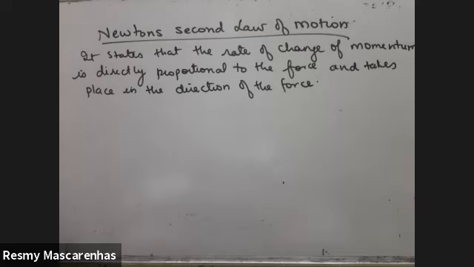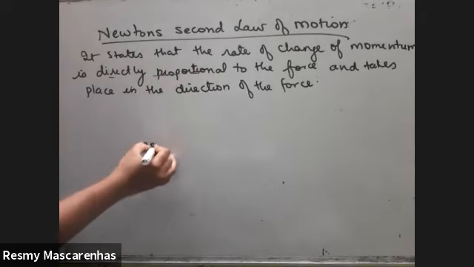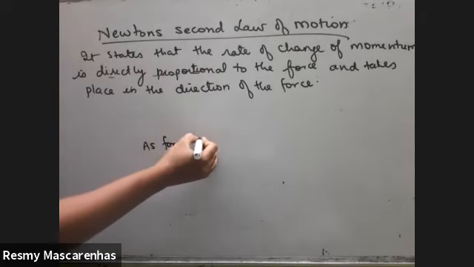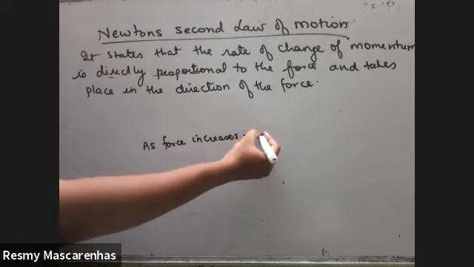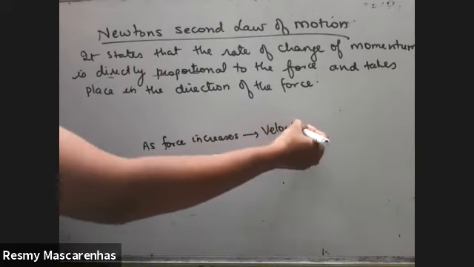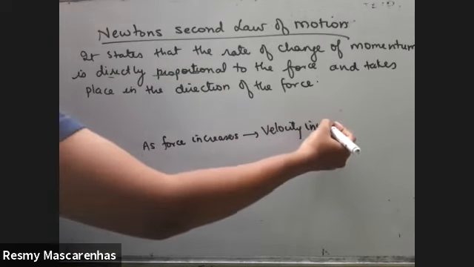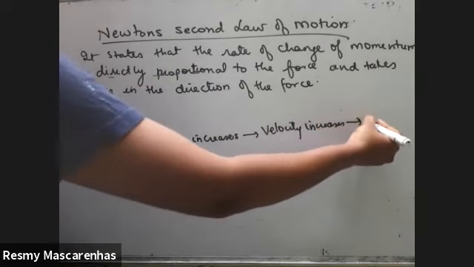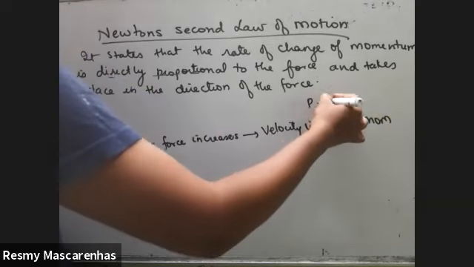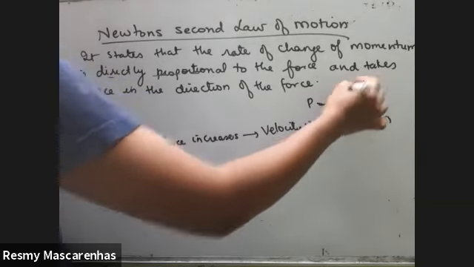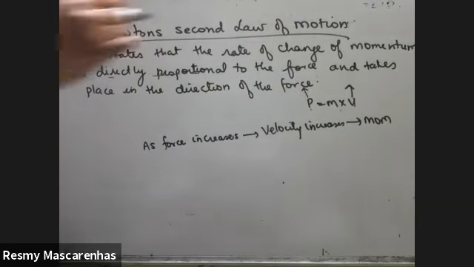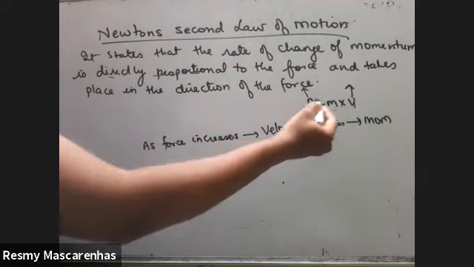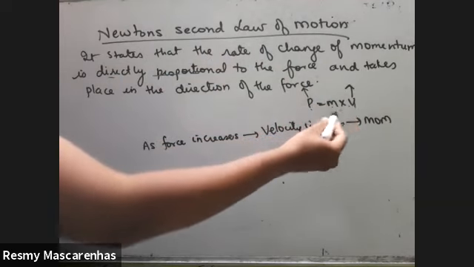What does this mean? Directly proportional means, as force increases, if you apply more force to any object, what will happen? Its velocity will increase. If its velocity increases, what will happen? Momentum will increase. Why? P is m into v. If this number is increasing, definitely p is also increasing, because if you multiply by 5, this will be 5 times m.